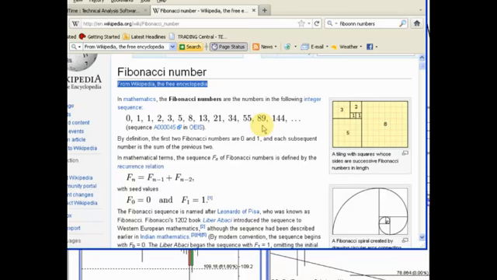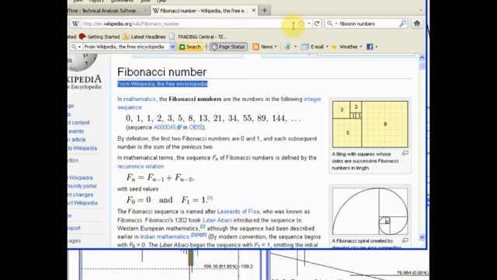And also, which is important to note, if you take 144 and you divide it by 89, then you get 1.618. And this is the wave projection that is used in Elliott Wave. So let's just drop that down, and then I'm going to explain how we can use this in our trading.